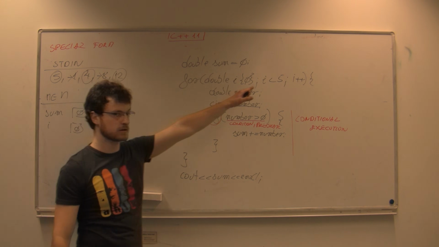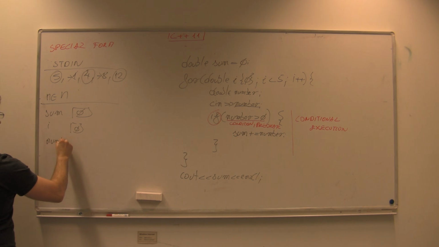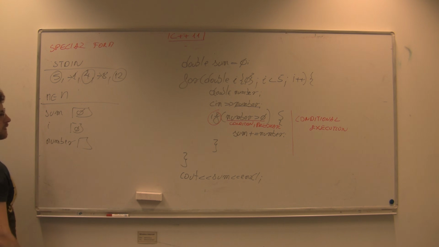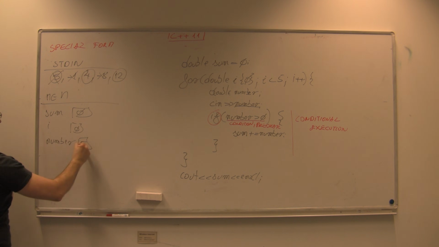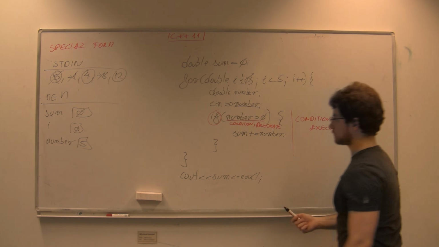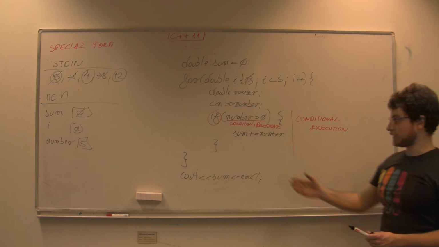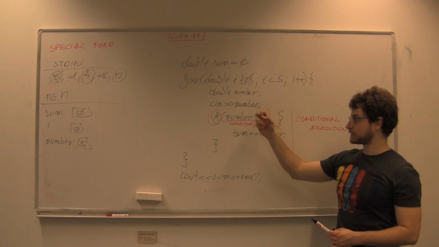introduce the loop variable, bind it to 0. We check the condition holds. We introduce the variable number. We read a number from standard input, store it here, and then we perform conditional execution. The way this is done is that we first verify whether the condition holds.